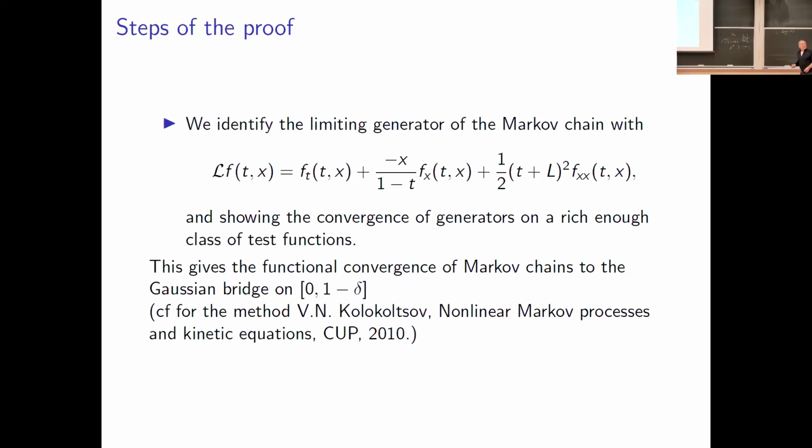And with a few minutes left, I will explain how this result has been proved. So we look at the number of edges X_n, which is a Markov chain, and a Markov chain has a generator. Let's write down this generator and try to approximate it when our parameter big N, the number of vertices, goes to infinity. With some manipulations, it can be seen that the generator is given by this formula.